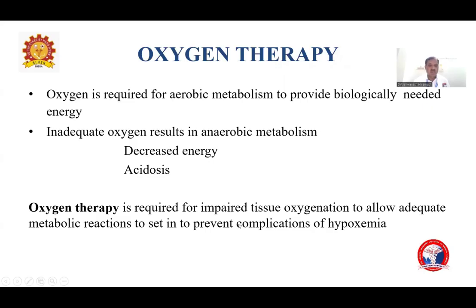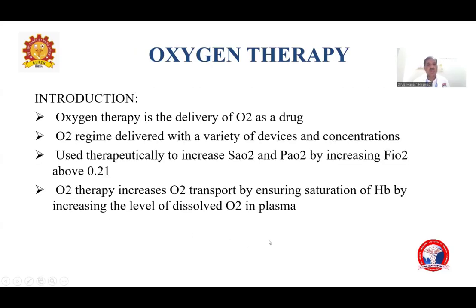Oxygen therapy is required for impaired tissue oxygenation to allow the adequate metabolic reaction to set in to prevent complications of hypoxemia. Oxygen, though essential, should be used as a drug. Otherwise, it will lead to oxygen toxicity.